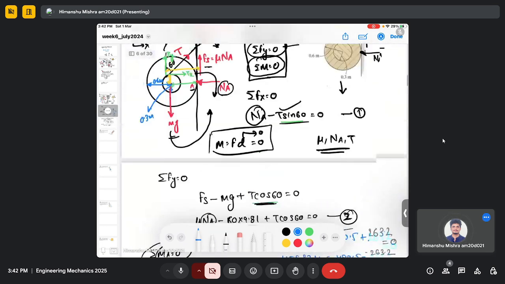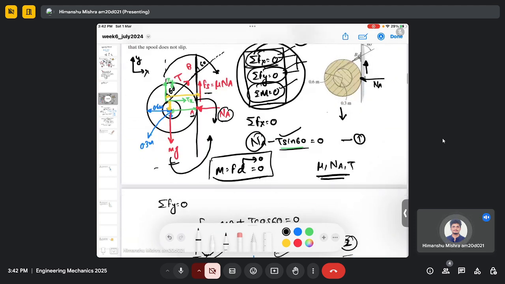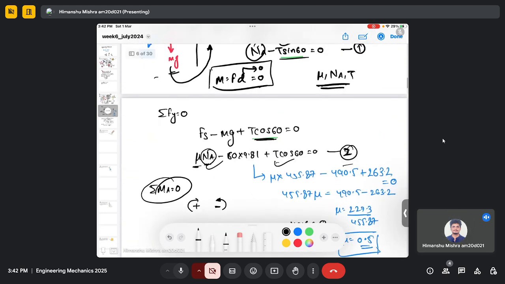So just to recap, the concept was the same as the previous question: we used the equilibrium equations. First we define the free body diagram, we identify all the forces, and then we proceed using these familiar equations. When we write down the summation of force equations in the x and y directions, we found that there are three unknowns.